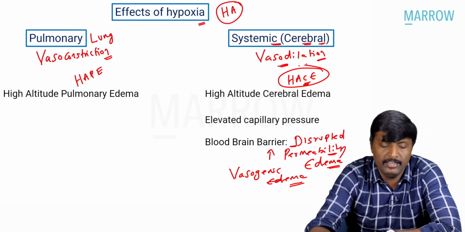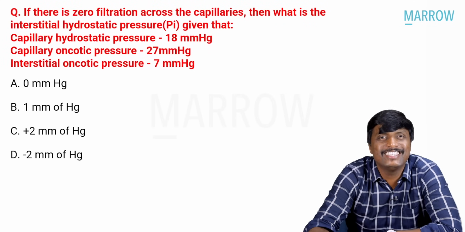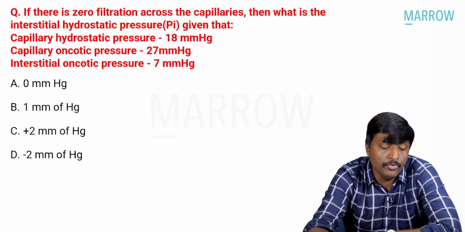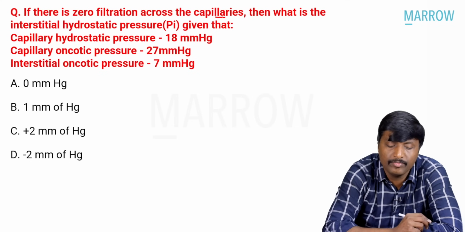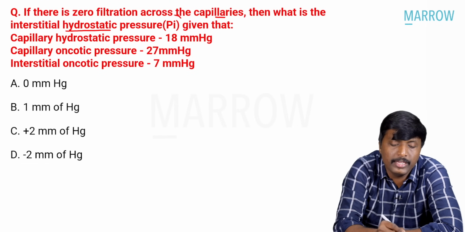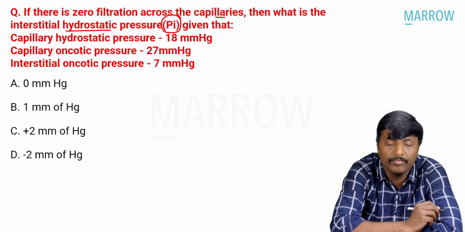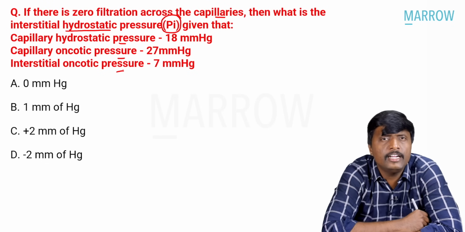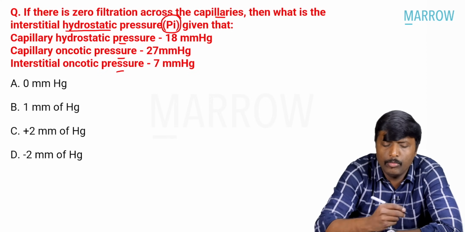Now the next question, again concerned with capillaries. They were very fond of capillaries this time. If there is zero filtration across the capillaries, then what is the interstitial hydrostatic pressure, Pi, they are asking. They are giving a lot of other values. What is this question about, sir?